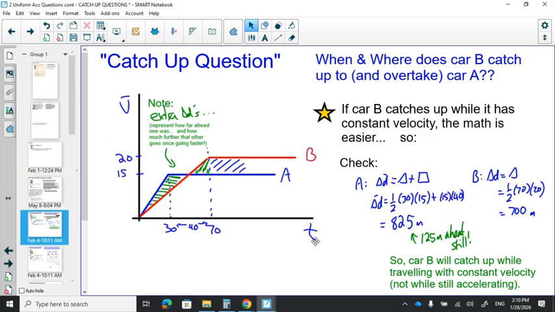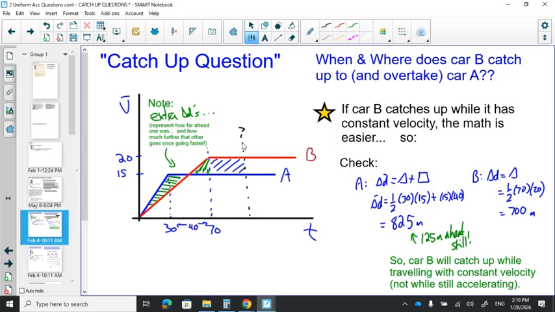One thing that's a good check here is to make sure that it's a simple case where it's going to catch up at some point while they both are traveling at a constant velocity. That's the hope, the easier case.